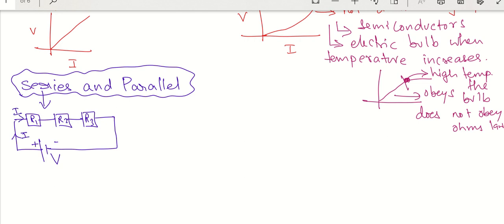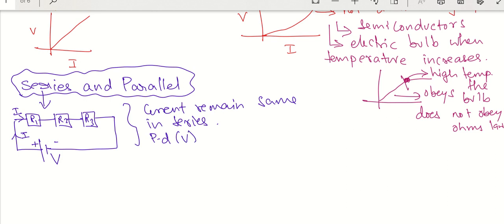Now current does not get divided here, okay? Because current remains the same in series. Potential difference rather is divided, because the electron which goes from here has to give some energy to R1 and then only carry the remaining to R2 and R3.